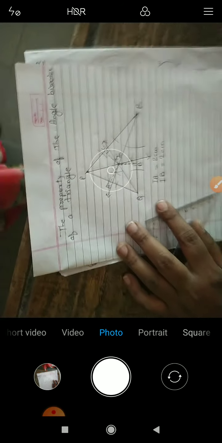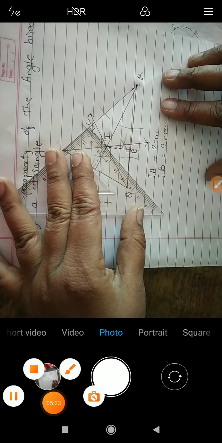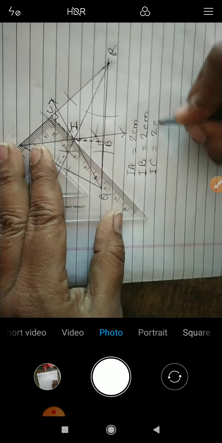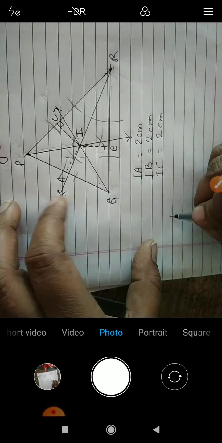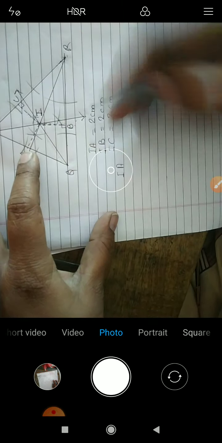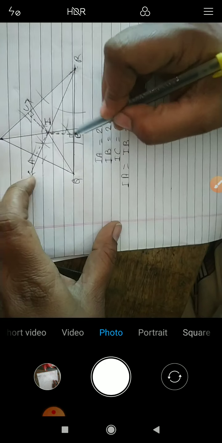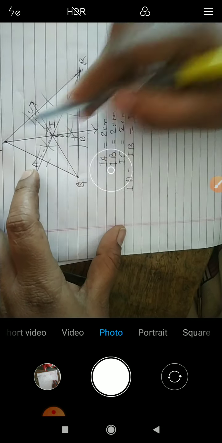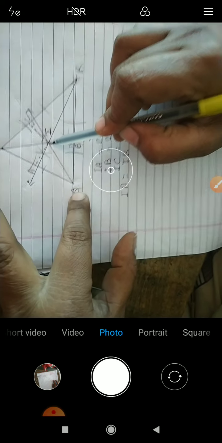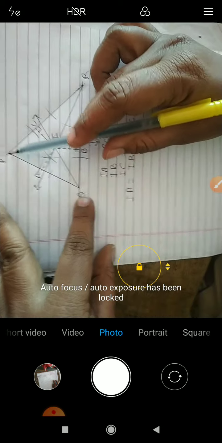And the last, IC. If you see here, IC is also 2 centimeters. So from this what we are understanding is IA is equal to IB is equal to IC. Means all these altitudes are equidistant from the sides of the triangle. Means I is equidistant from PQ, I is also equidistant from QR, and I is also equidistant from PR.